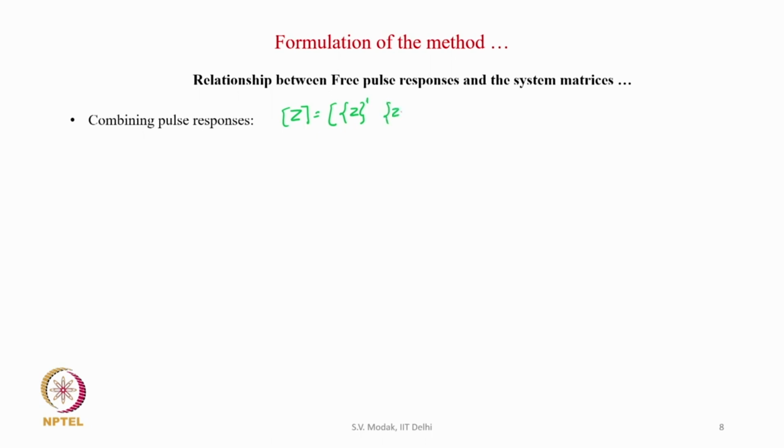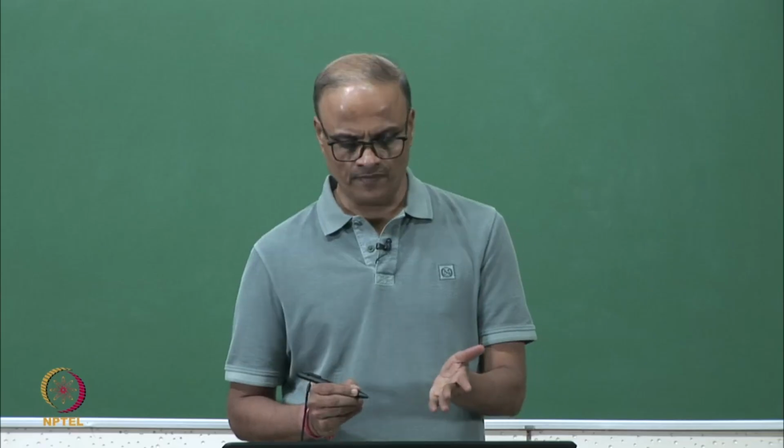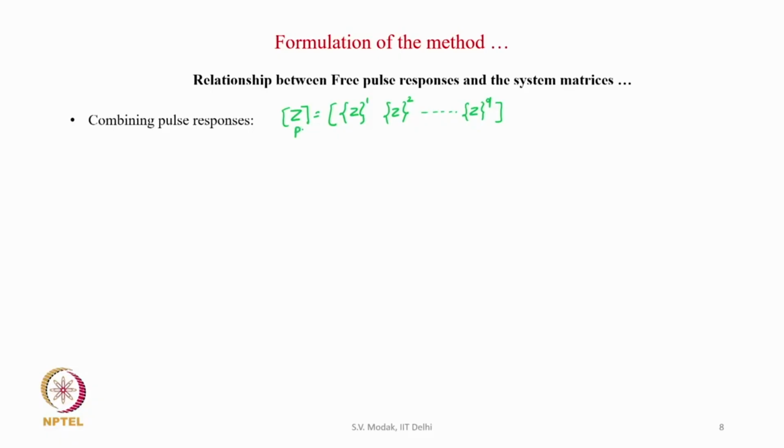The second column is the vector of pulse responses due to input applied at the second input, and in this way we can stack all these columns of free pulse responses. There are Q such columns, and because the responses are measured at p outputs, the number of rows would be p. Therefore, this matrix is of size p by q. It is a matrix of free pulse responses.